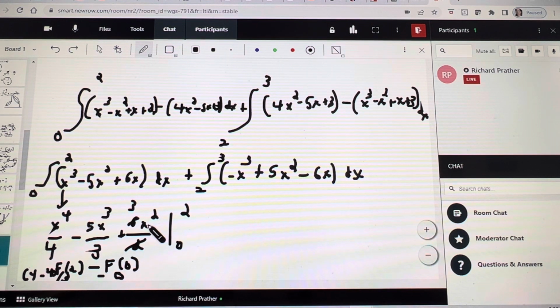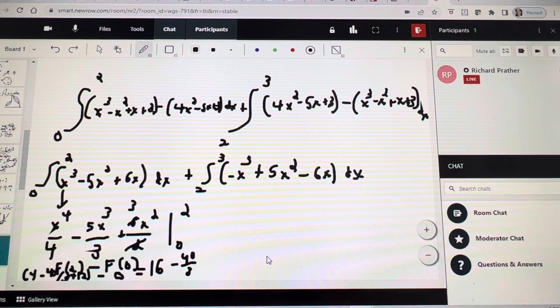And 2 squared is 4 times 3 is 12. I can add the 4 and 12 and get 16, but minus 40 over 3.